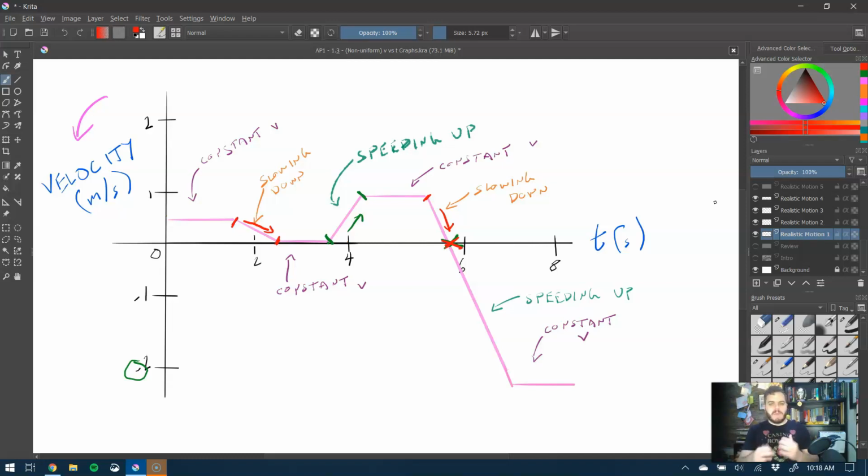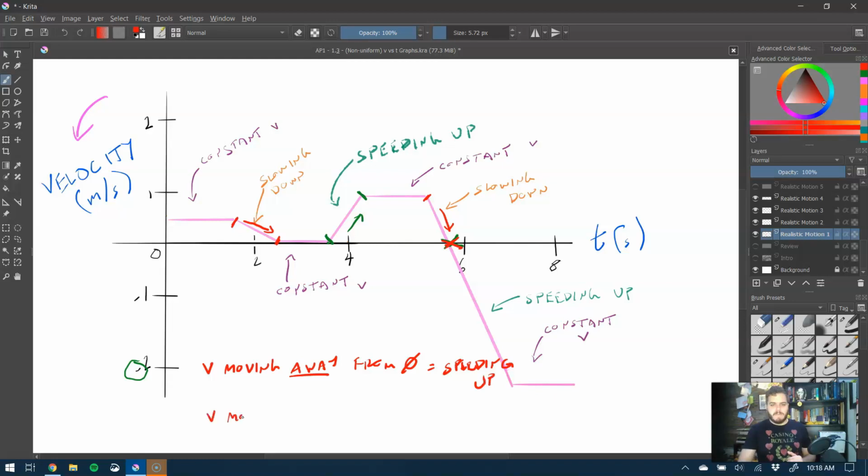So this is what we really want to get here. A couple things we want to make sure we note. That if V, the velocity, is moving away from 0, that means we are speeding up.